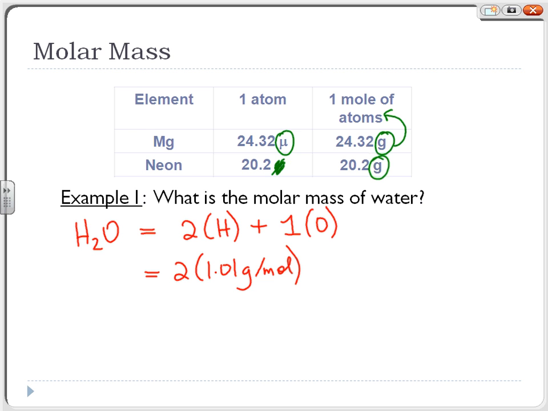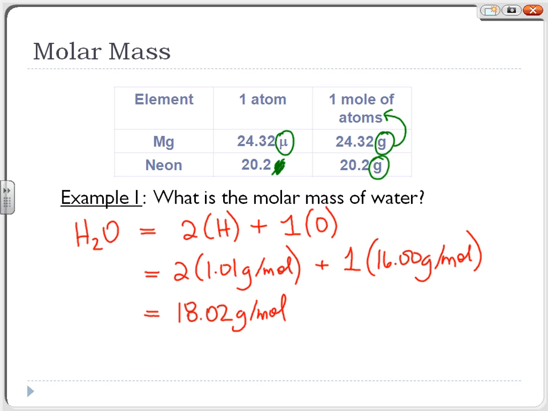That's my molar mass of hydrogen. And then I use my molar mass for oxygen, which is 16.00 grams per mole. And again, that's straight off the periodic table. I punch those numbers into my calculator and add them up, and I get 18.02 grams per mole, which means if I weigh out 18.02 grams of water, I will have exactly 1 mole of water.